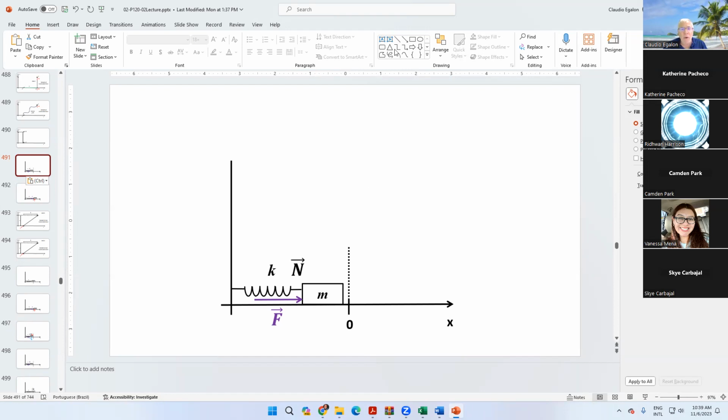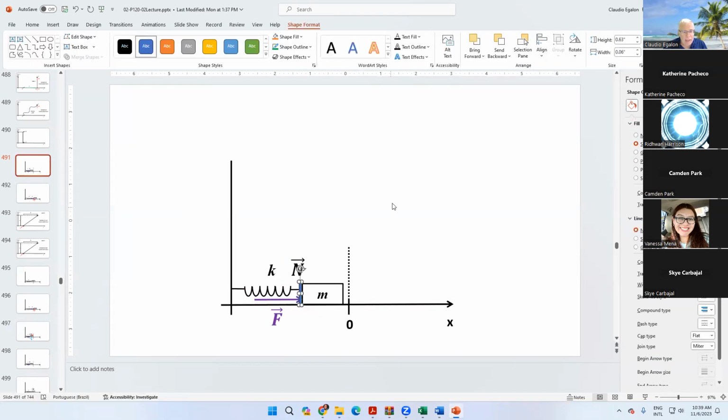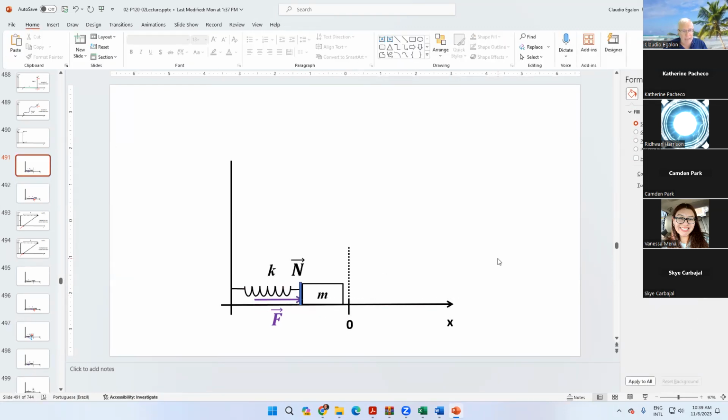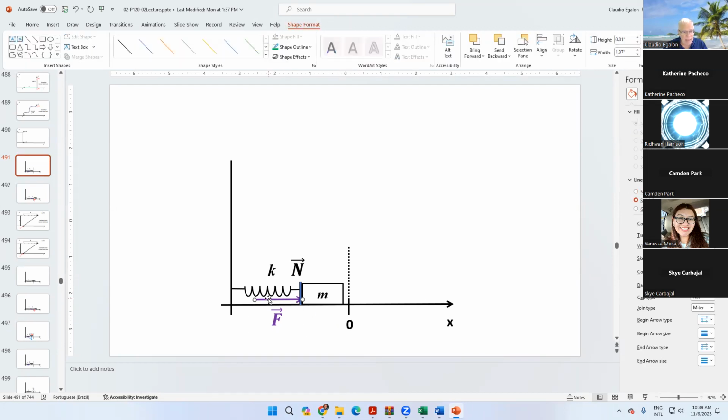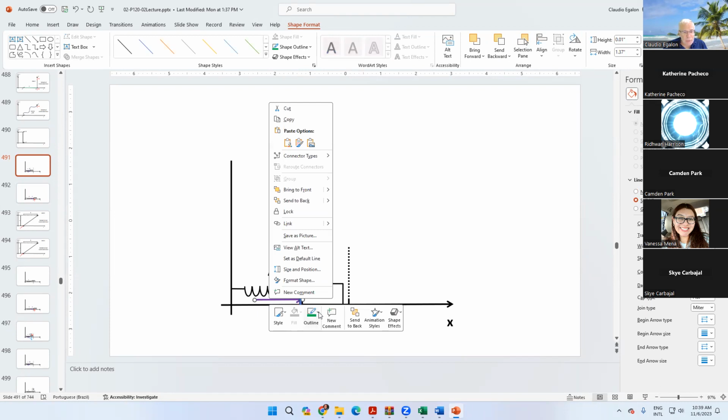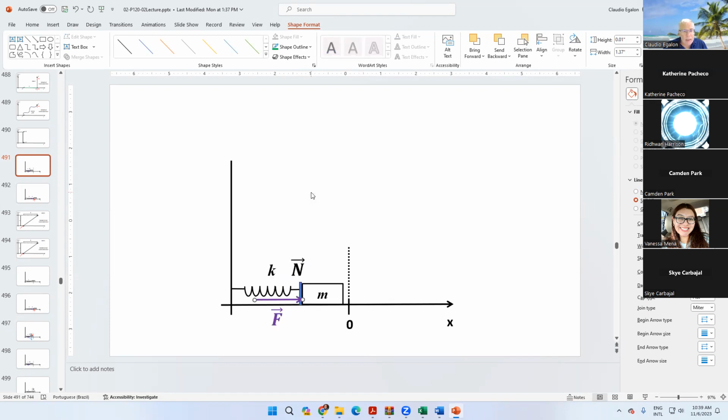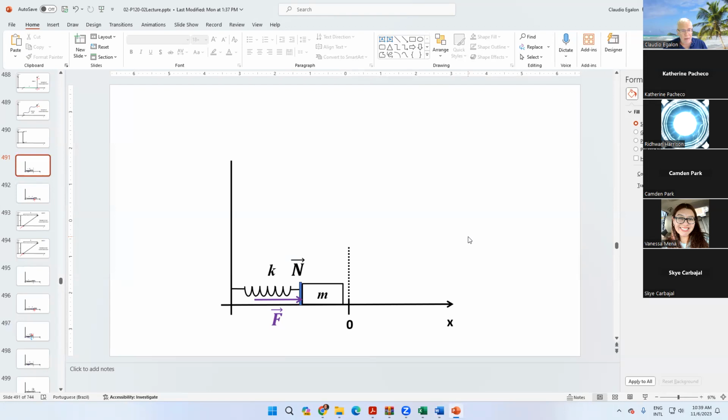It's just resting here. It's going to be something like that. It's like a plate. The mass is resting over this plate that is attached to the spring.